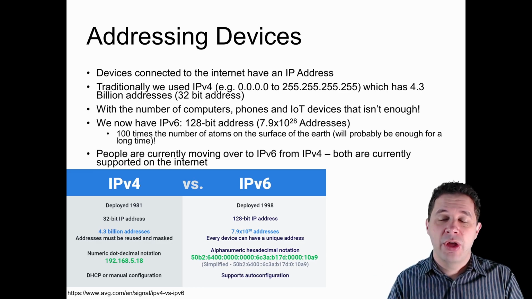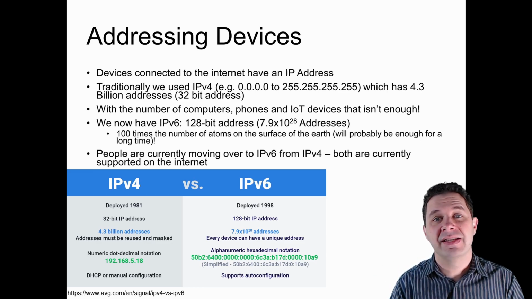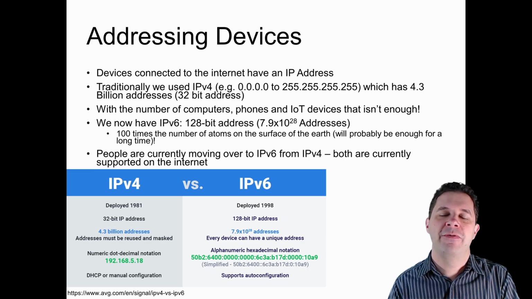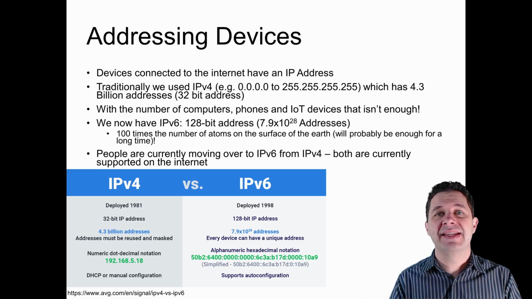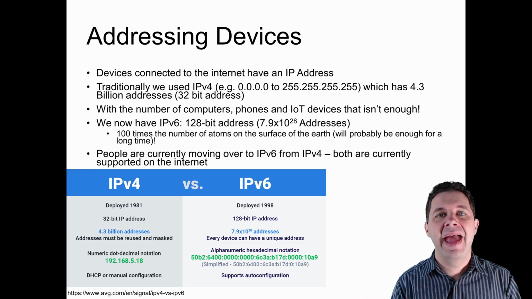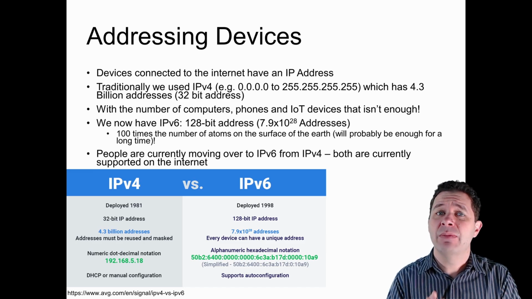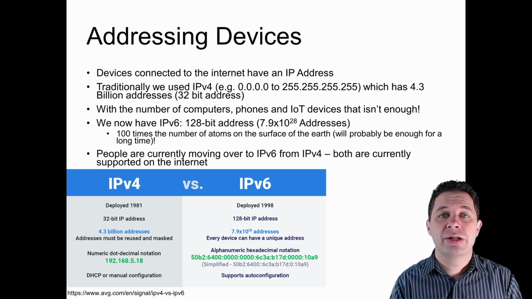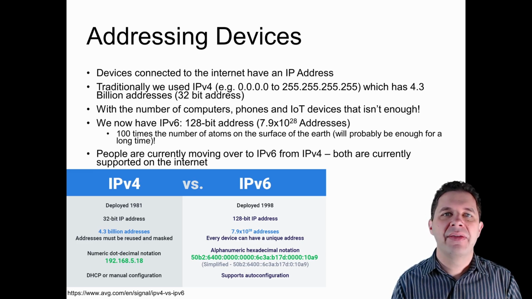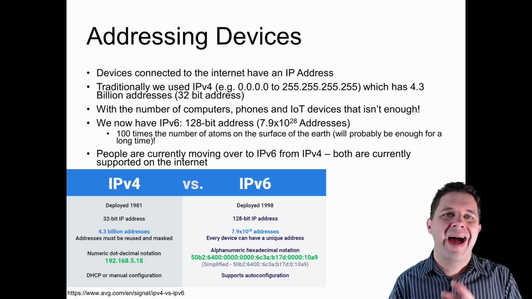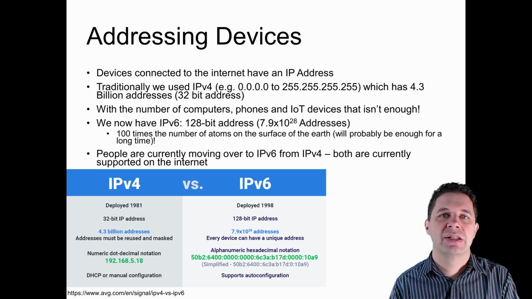With 32 bits, we can have 4.3 billion addresses. Now, when IPv4 first came out, 4 odd billion addresses seemed like a huge number. But now, with billions of new IoT devices, it doesn't seem like such a big number anymore. And so for the last couple of decades, we've been introducing IP version 6. Rather than having a 32-bit address for each device, now we've got a 128-bit address for each device, which allows for a huge number of devices.